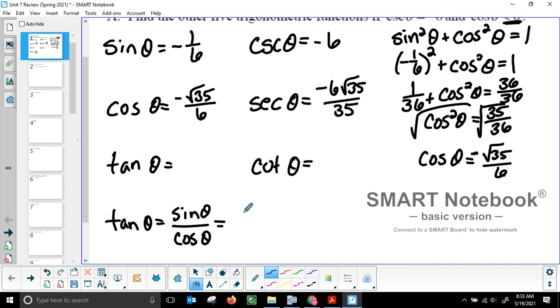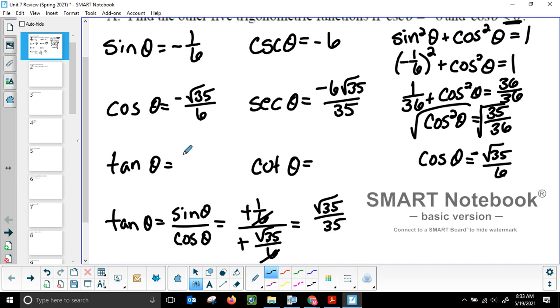All right, so we are going to have sine, which is -1/6, over cosine, which is -√35/6. So of course a negative over a negative is positive, so those just cancel each other out. When you have a fraction divided by another fraction and their denominators are the same, the denominators just cancel. So this is 1 over √35, which when rationalized is the square root of 35 over 35.